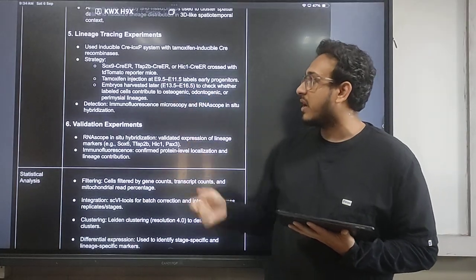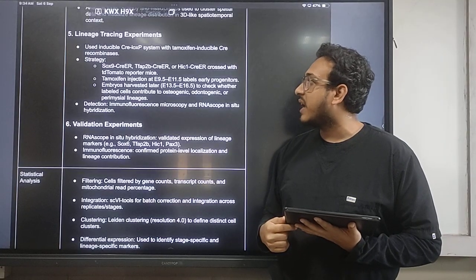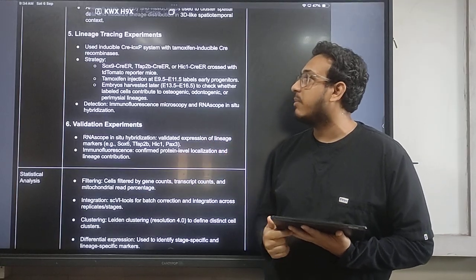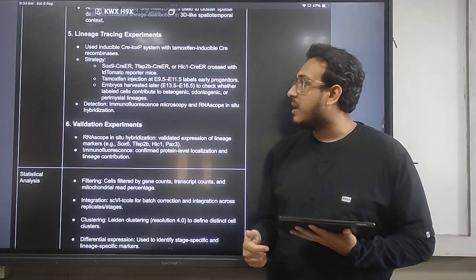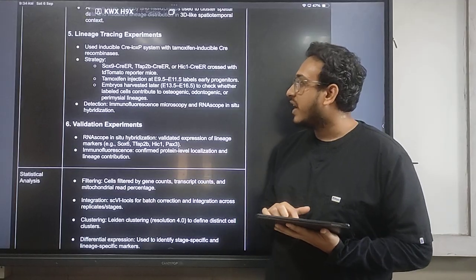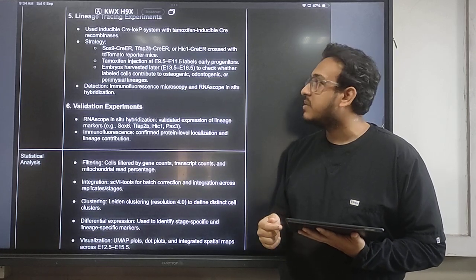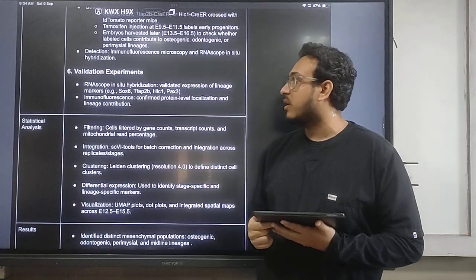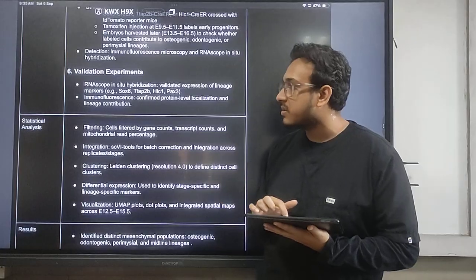They injected the tamoxifen label, and the embryos were harvested later in this week to check whether the labeled cells contribute to osteogenic, odontogenic or perimysial lineages, and the detection was done by immunofluorescence microscopy and RNAscope in situ hybridization. They validated the experiments by RNAscope and immunofluorescence.